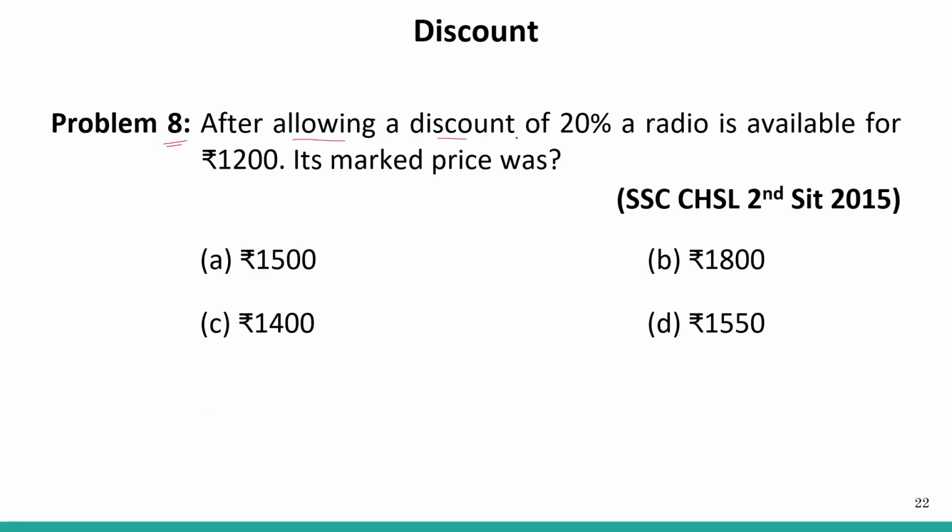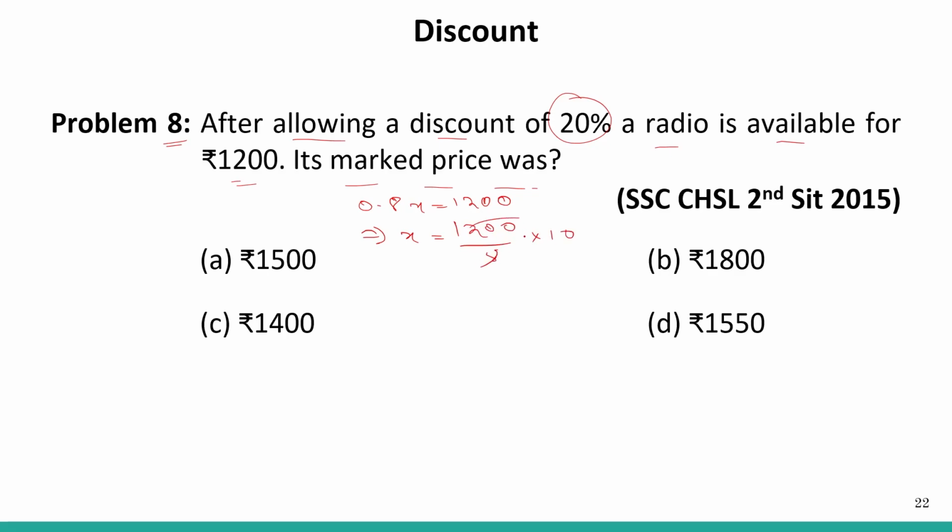After allowing a discount of 20%, a radio is available for 1200. Then what was its marked price? So 0.8x is equal to 1200, as given to us. This implies that x is equal to 1200 by 8 into 10.